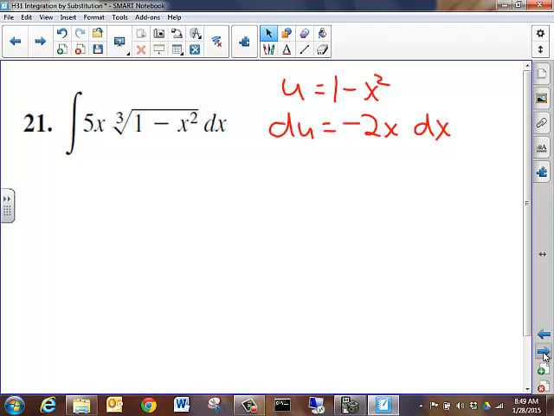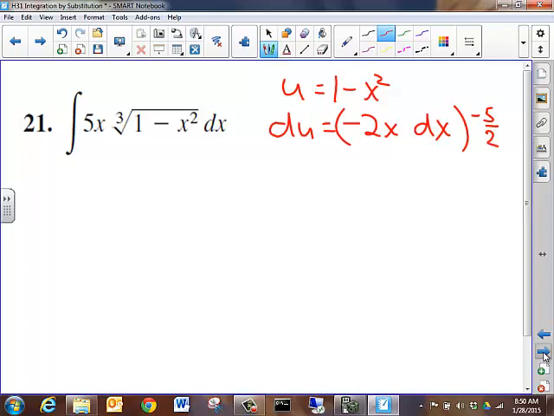When I get my du, it is negative 2x. Why is that difficult? Why does that pose a difficulty for some of us? Because in the problem we've got 5x, and it's negative. So how do we turn a negative 2x into a positive 5x? You multiply by negative 5 halves on both sides.